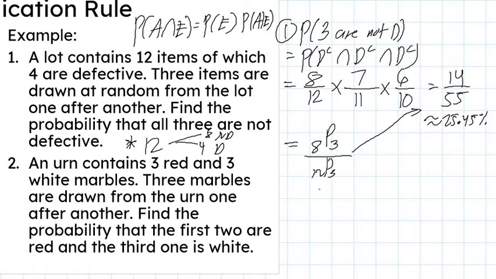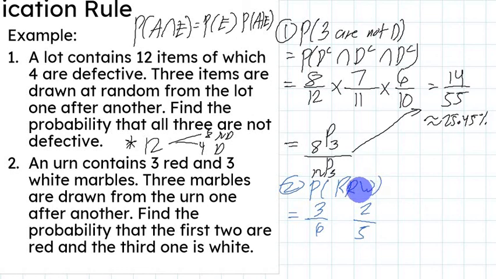I'll use this color here for number 2. We want to find the probability that the first 2 marbles drawn are red and the third one is white. So the probability that we draw a red for the first time will be 3 out of 6, because there's a total of 3 red. Then, the probability of drawing red again, since from 3 we now have 2, and from the total we now have 5, will become 2 over 5.